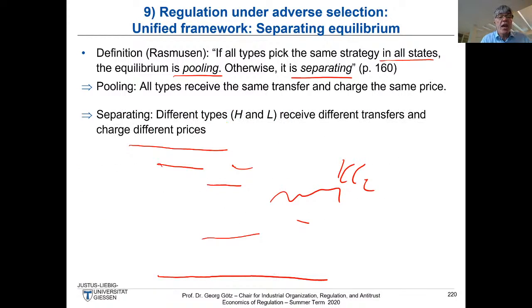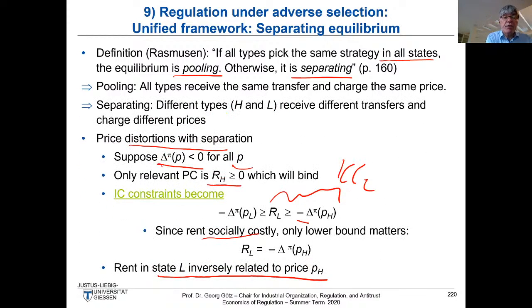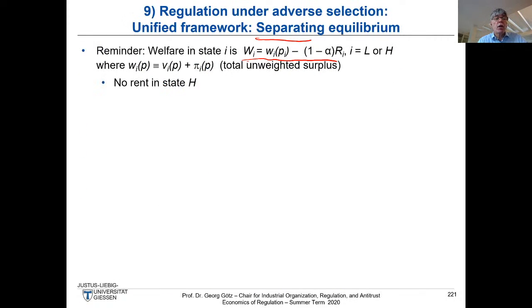Actually, we have a complicated optimization problem, and we have to maximize welfare and choose PL, PH, TL, and TH. Okay, the point is here, we have to observe the participation constraint of the high type and the incentive compatibility constraint of the low type.